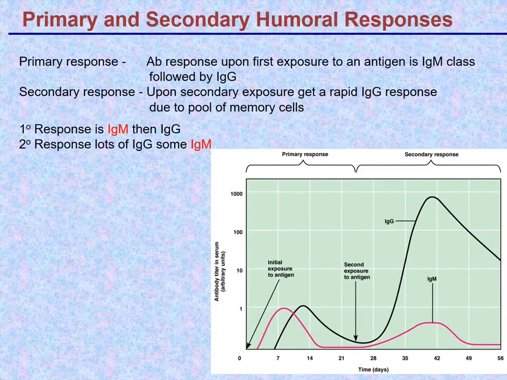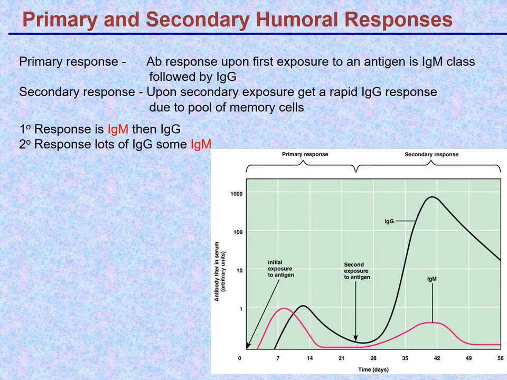Now, I talked to you earlier about primary and secondary response when a foreign antigen enters into the body tissues. A foreign molecule could be anything, including molecules on a, dare I say, virus or bacterium.